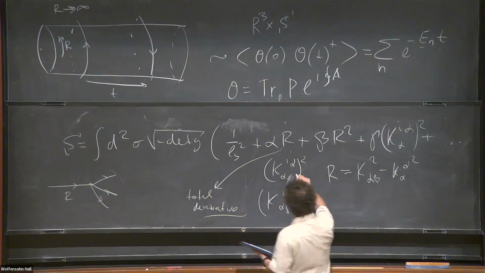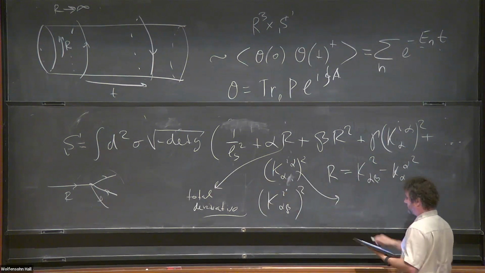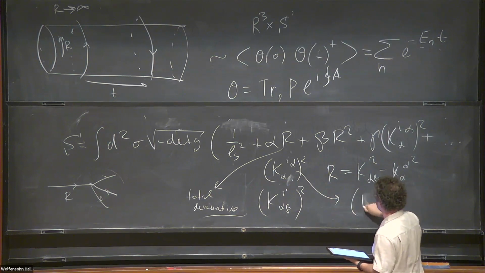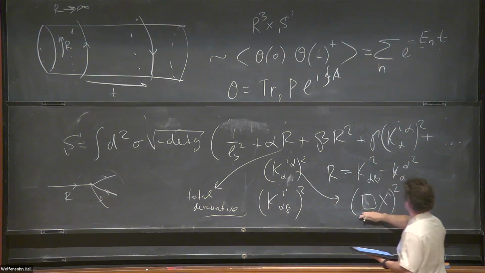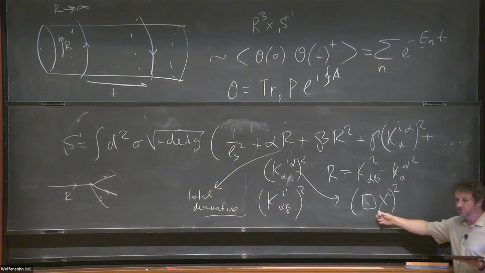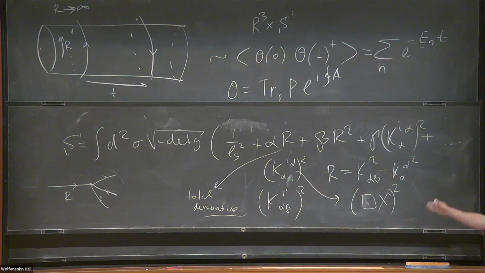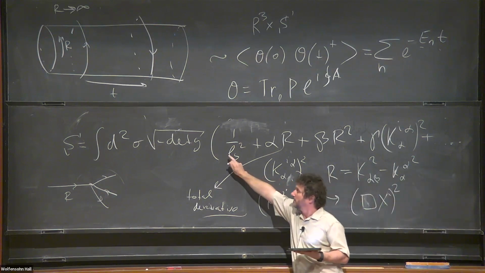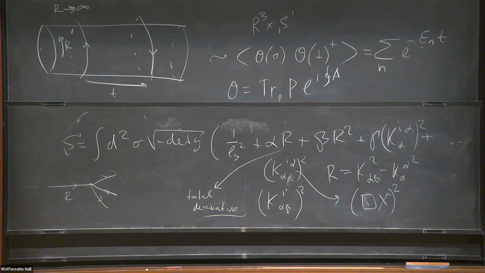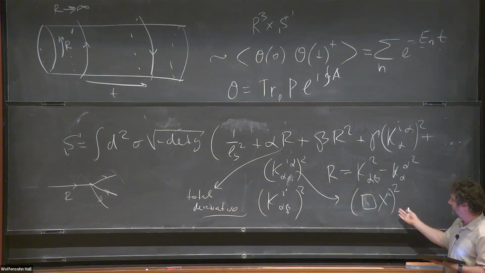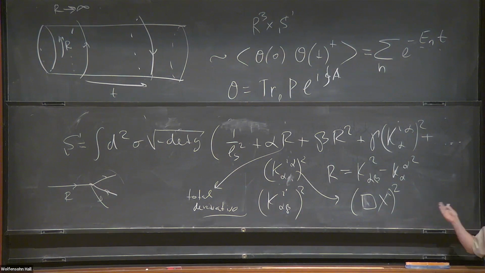So everything is reduced just to this term. And this term can also be written as box xi squared, so it vanishes on shell. If one imposes the leading order equations of motion following from the Nambu-Goto action, then this term vanishes, which is equivalent to saying that one can always do a field redefinition and remove this term.